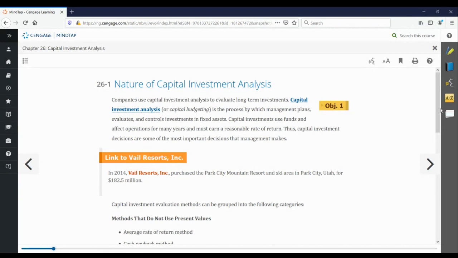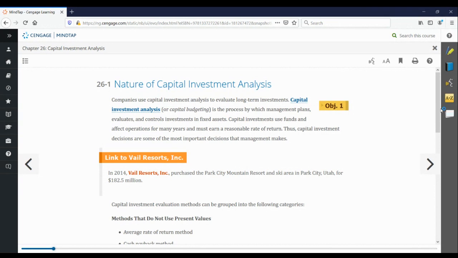And as management, we need a plan to be able to evaluate those assets, or to be able to screen the particular assets that we think that we might want to invest in. And so there are going to be 4 different methods that we look at in this chapter to help us to evaluate the choices of investment opportunities that a company might have.